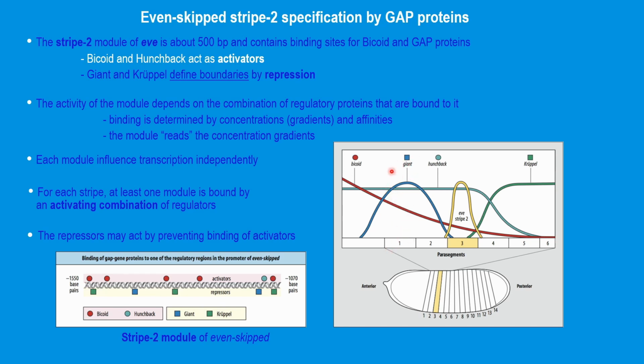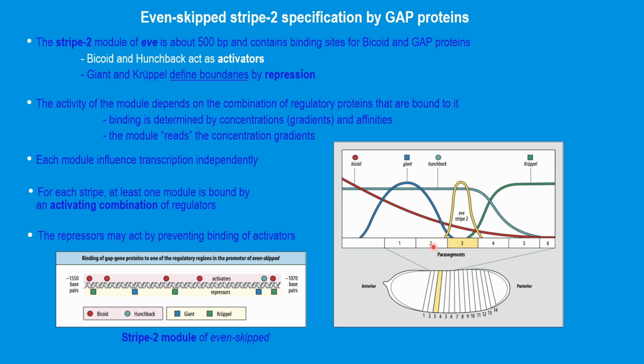The other enhancer that will be expressed in parasegment 1 does not have a binding site for giant, for example, right? But it has binding sites for hunchback and bicoid, and it can be activated there. There are then other repressors that will prevent it from spreading to parasegment 2.